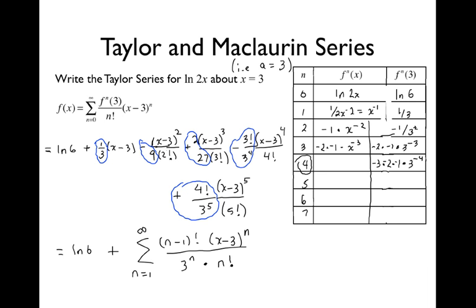Now notice, look what we have. n minus 1 factorial on the top, n factorial on the bottom. What does that result in? Just an n in the bottom, right?